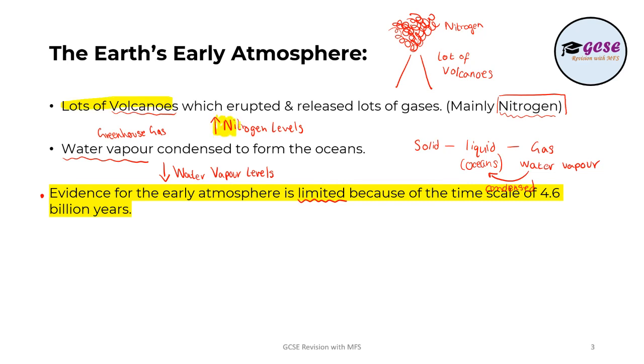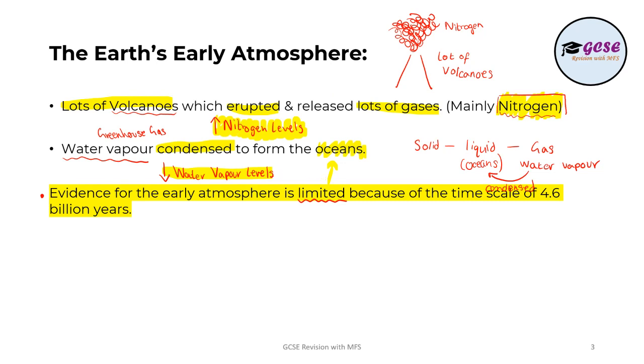Because volcanoes, when they erupt, they release lots of gases, and the main supply was nitrogen. Water vapor levels decreased because they condensed to form the oceans, and that caused an increase in the oceans. And the evidence for the early atmosphere is limited because of the time scale of 4.6 billion years.